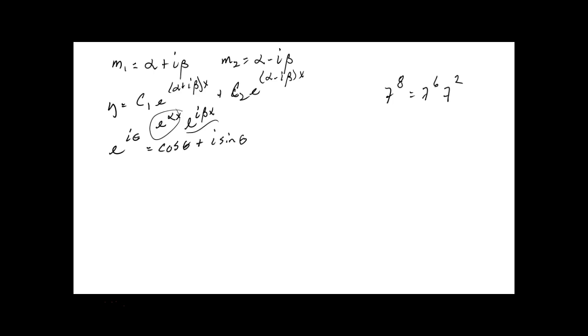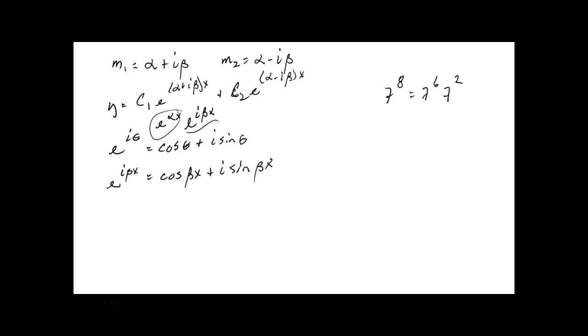So, the e to the i beta x here will be cosine beta x plus i times the sine of beta x.